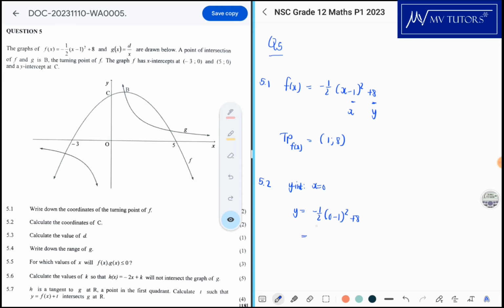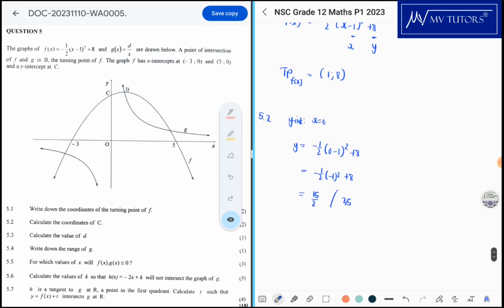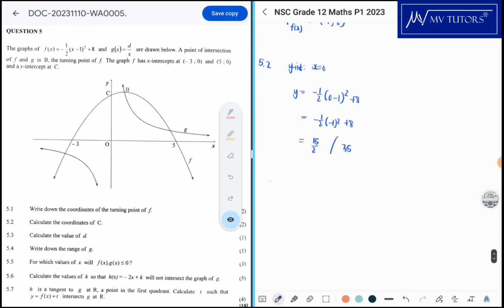And basically, I have -1/2 times (-1) squared, which is just 1, plus 8. So -1/2 plus 8 is actually 7.5. Or we could say 15/2. Up to you. 15/2, or you can say 7.5. Alright, so far so good.